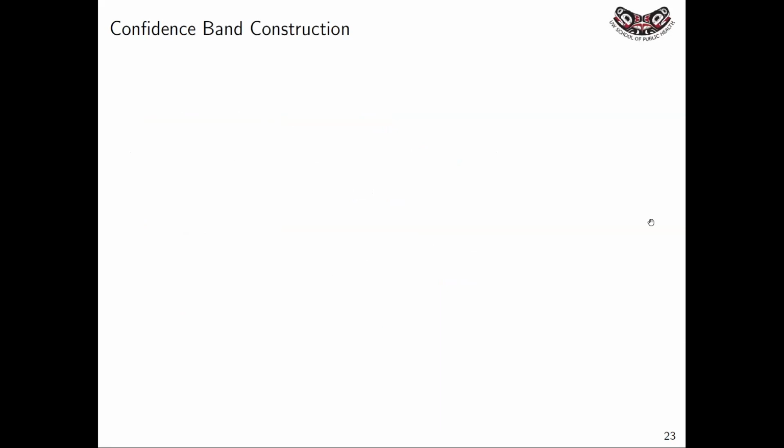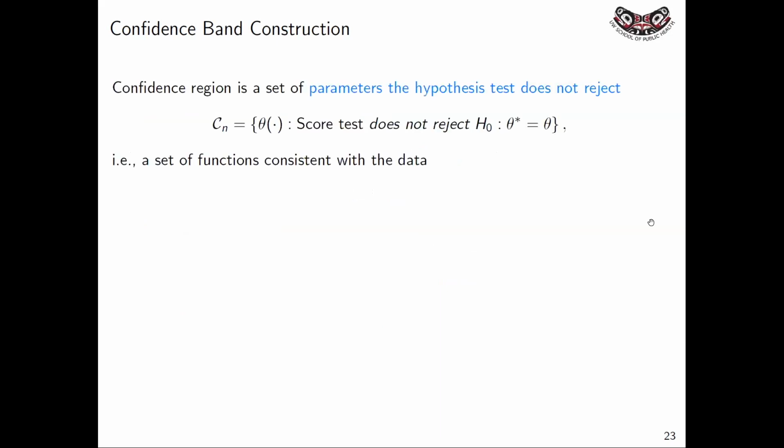Okay, and so I mentioned at the beginning that the reason we can consider this general test of the form theta star being theta naught, for general theta naught, is because we could use it to construct confidence bands. Basically, we invert the test statistic to construct confidence bands, that is, the set of parameters for which we don't reject the null hypothesis.